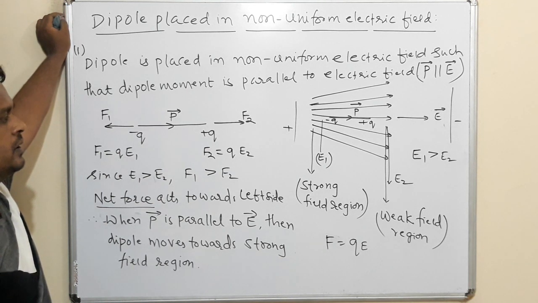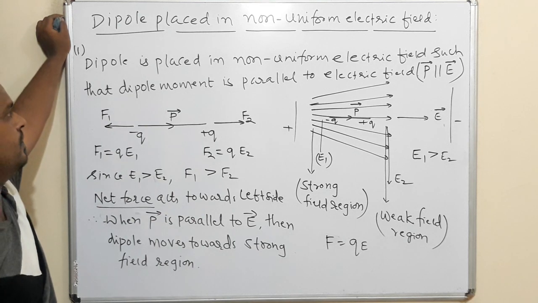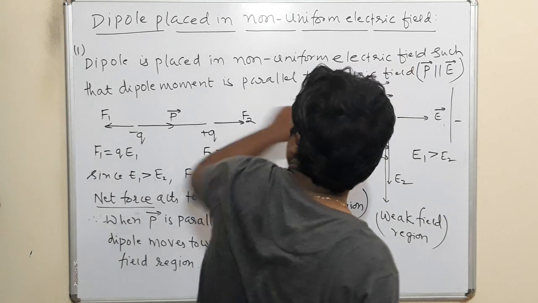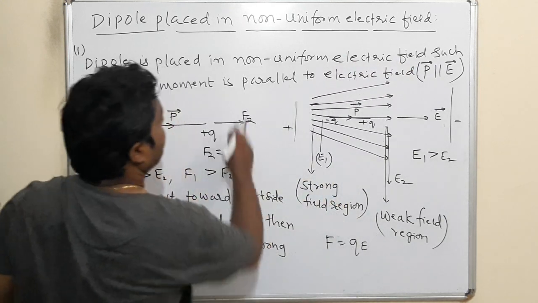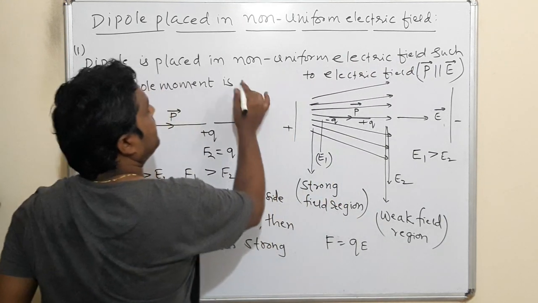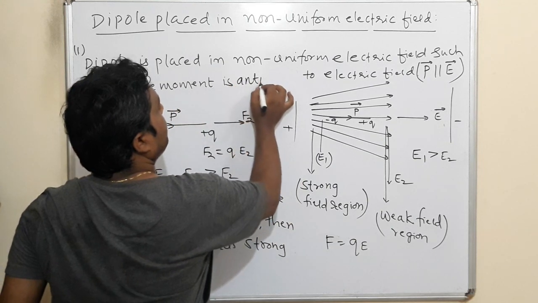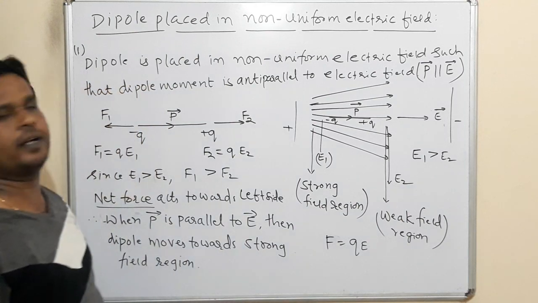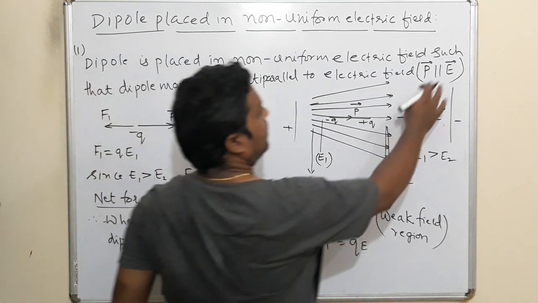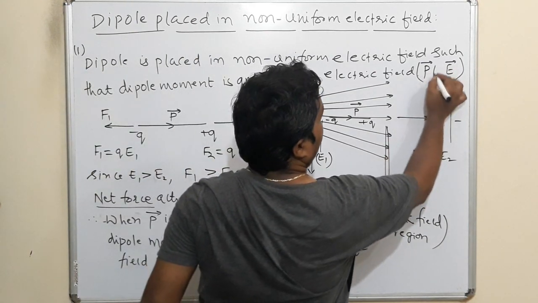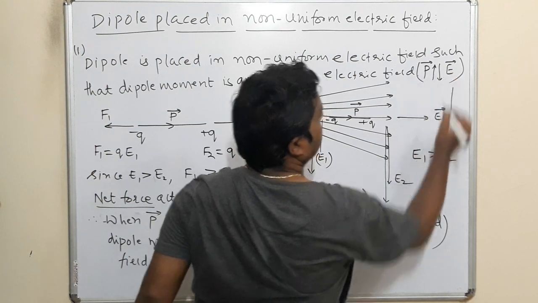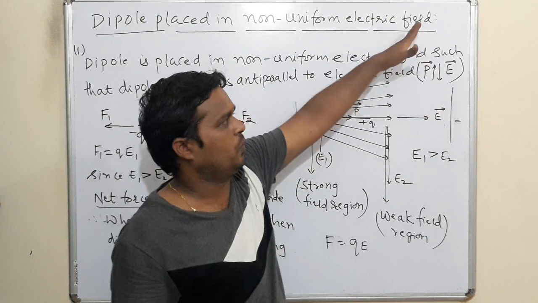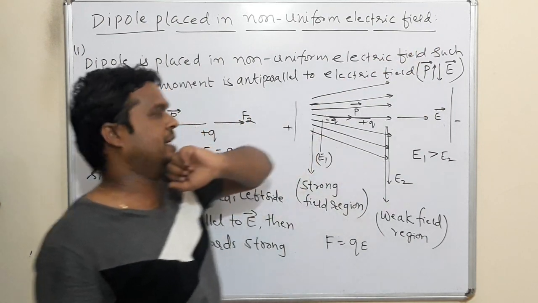Then if you observe the second case, what is the second case? The dipole is placed in a non-uniform electric field such that its dipole moment is anti-parallel to the electric field. Anti-parallel to the electric field means I will show it like this. If it is parallel, both arrow marks you can put in only one direction, anti-parallel in the opposite direction.